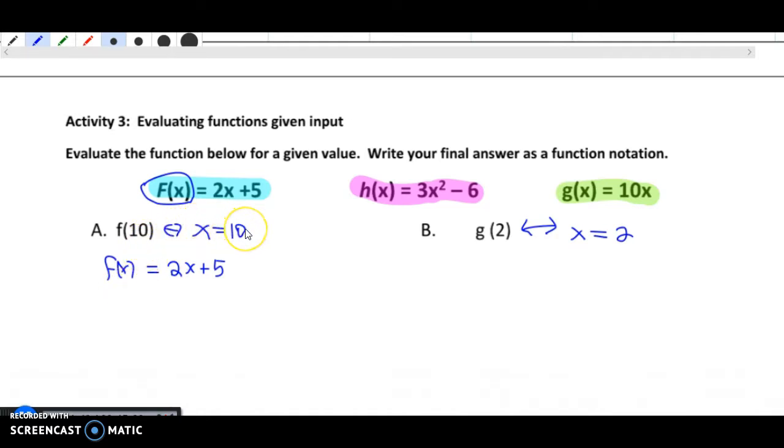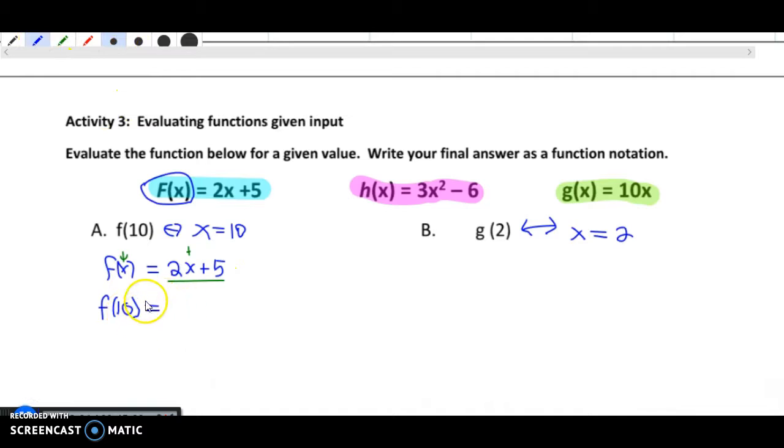Our x is equal to 10. So we should replace x with 10. Now where do you see x? There's x right here. And there's x right here. This is just the functional notation. We'll be doing the math on the right side of the equation.